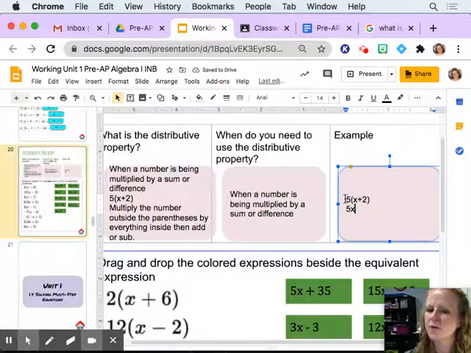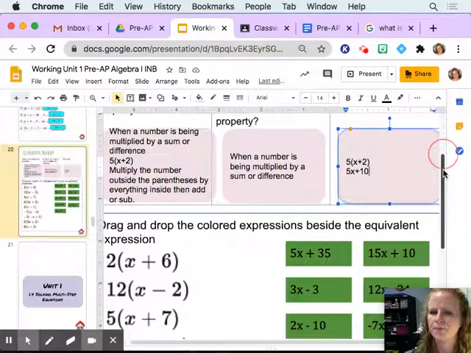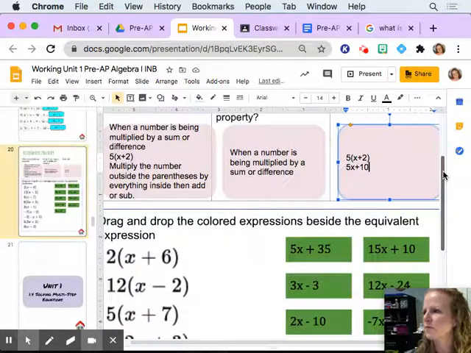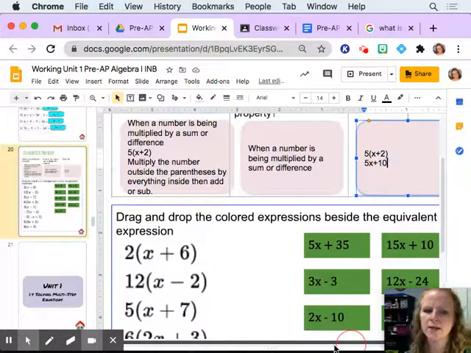And then you'd multiply 5 times 2, making that plus 10. So 5x plus 10 is our example. Okay, so we're distributing on these examples.